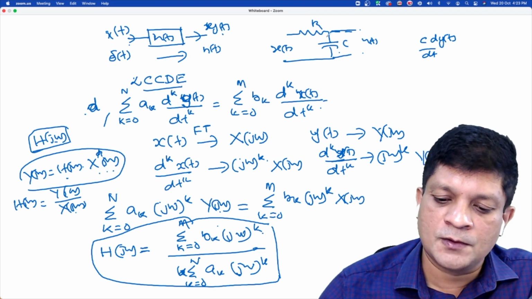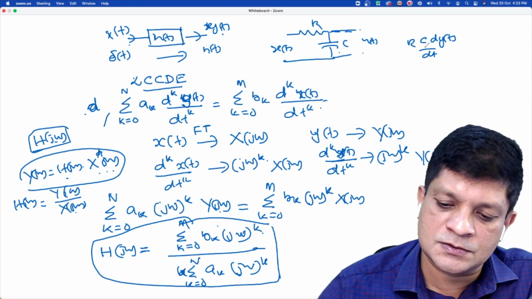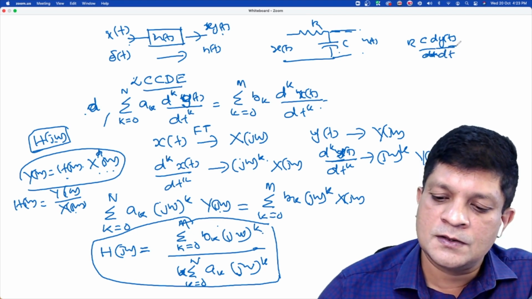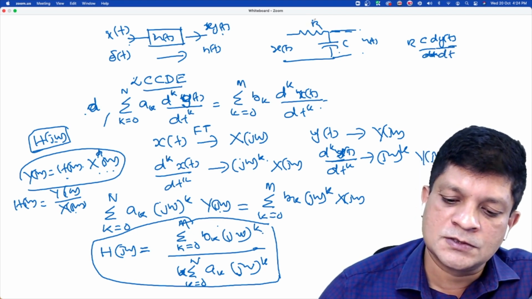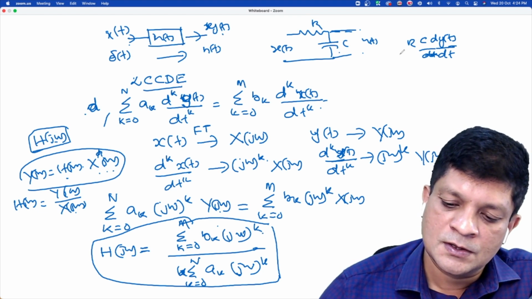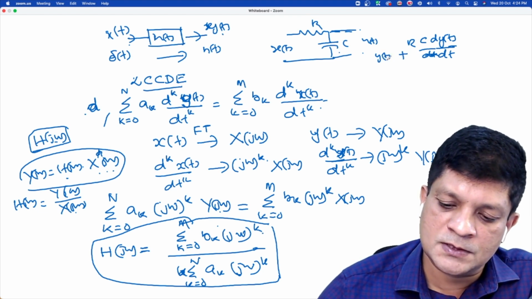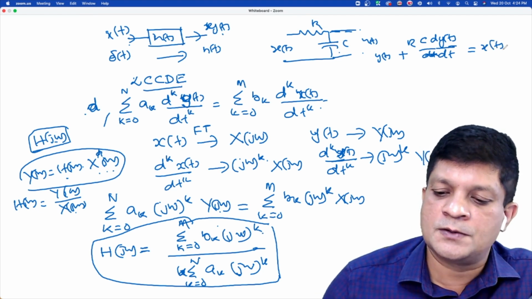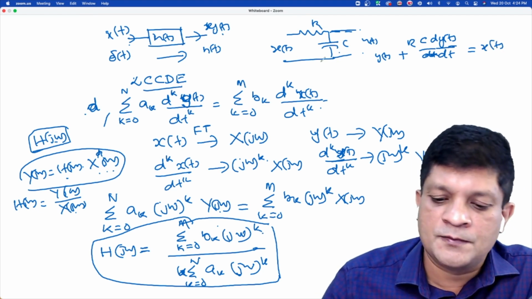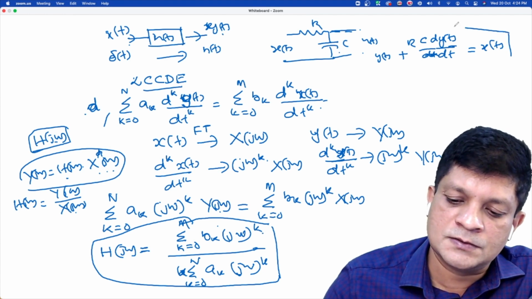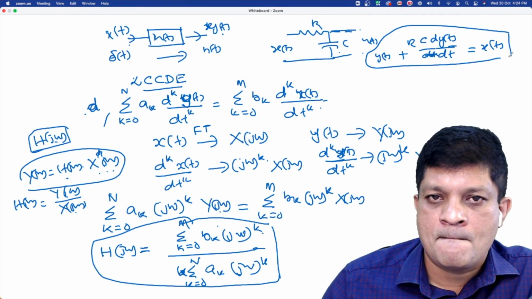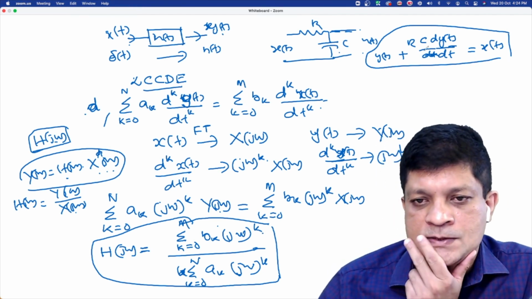That is the current flowing through the resistor. So R into C, RC into dy/dt is the voltage across the resistor. So we can write it as y(t) plus this one, equal to x(t). Is it the differential equation? If we apply KVL, will you get this? This is the differential equation.